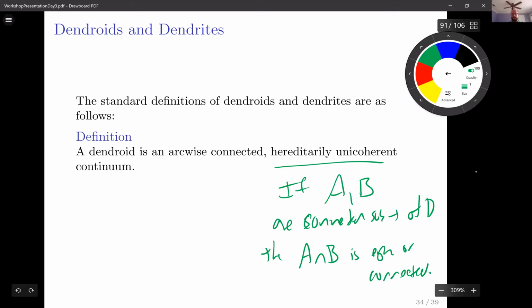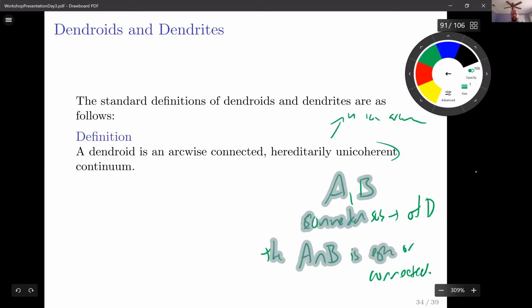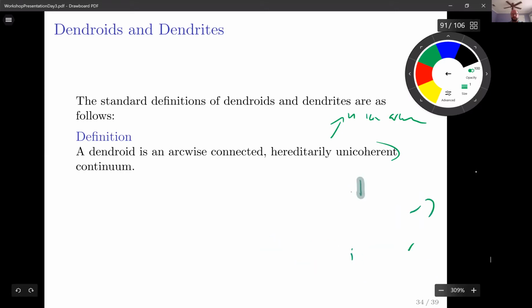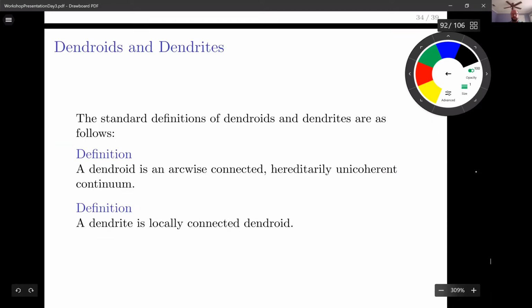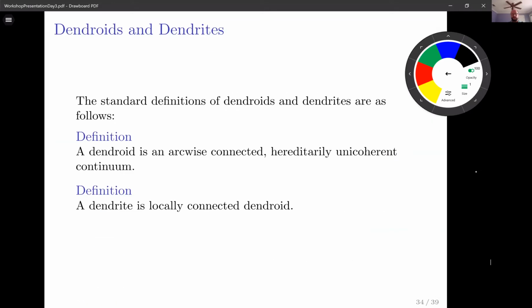And because of that, this really quickly implies unique arcwise connectedness. Okay, so that's a dendroid. A dendroid is a uniquely arcwise connected, hereditarily unicoherent continuum. Not locally connected, or not necessarily. And then a dendrite is just a locally connected dendroid. Okay. So these are standard definitions.